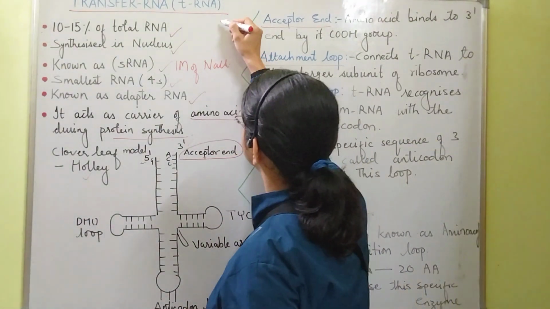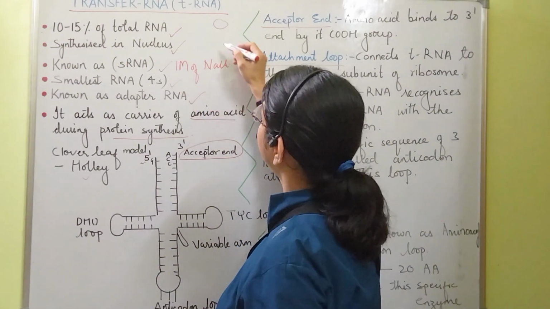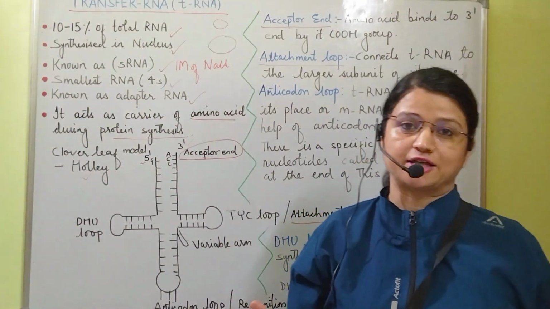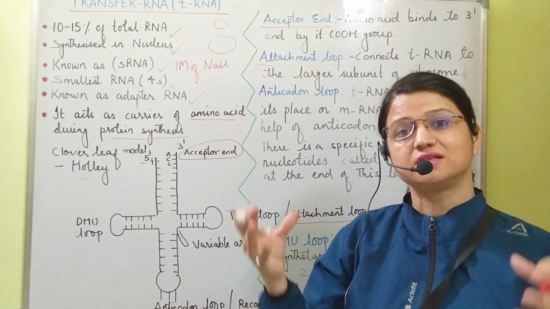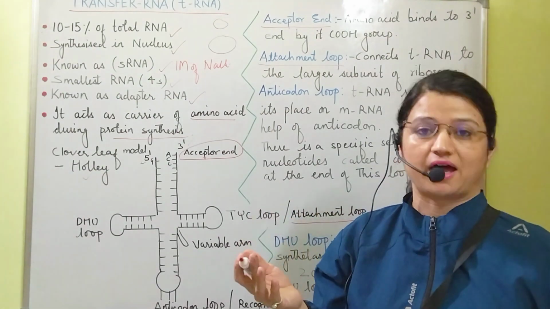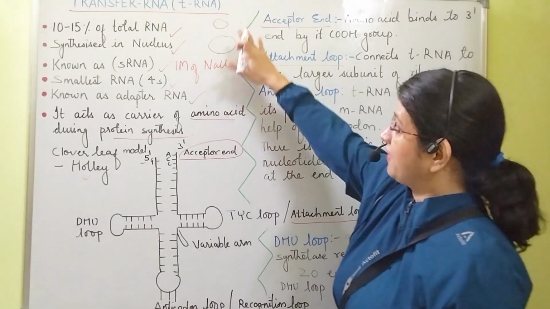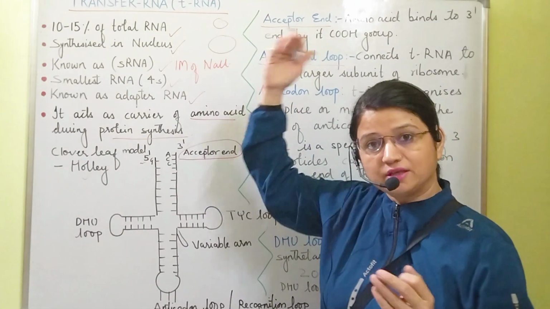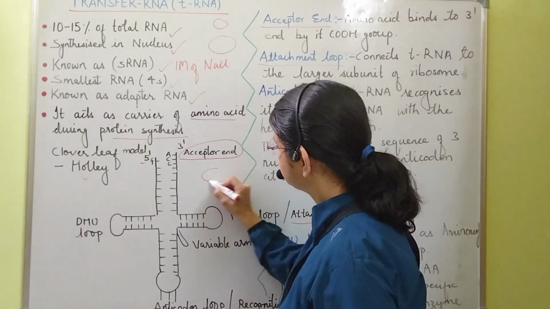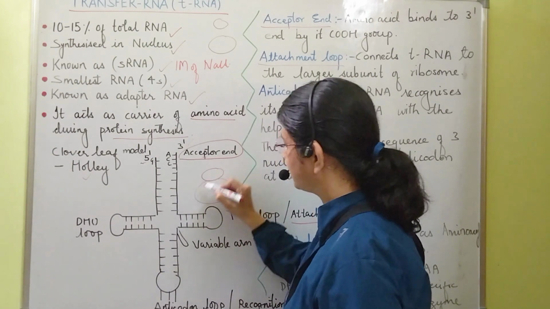Just see here, this is the smaller subunit and this is the bigger subunit. When protein synthesis has to take place, what happens? These subunits unite together, and for that magnesium ion is required.